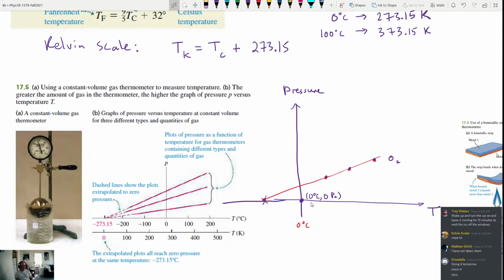So the origin is 0, 0, right? So this is clearly some negative temperature over here, right? What's the pressure at this point going to be, where this line that I've drawn here meets the x-axis? What's the pressure there going to be? It's 0, right? Okay. So at this point, P is equal to 0, and T is equal to something, right?